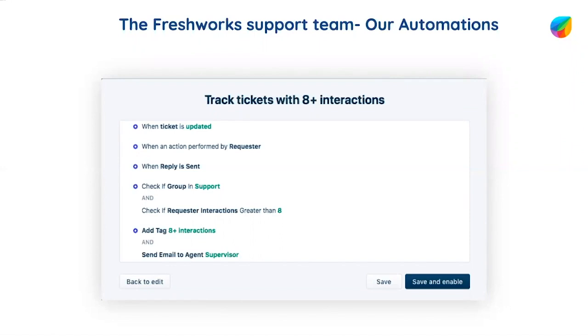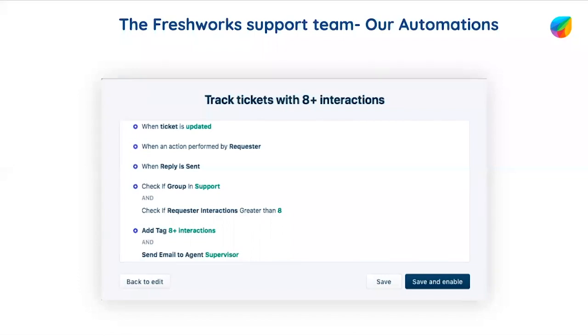It could be that there's a new person on your team who's trying to help the customer and they've not quite understood the issue, because of which there's a lot of back and forth conversation. And when this happens, we immediately flag the ticket and notify the supervisor, the team leader, so they can just jump in and check if everything is okay. So even before your customer gets frustrated, you can proactively prevent that from happening.